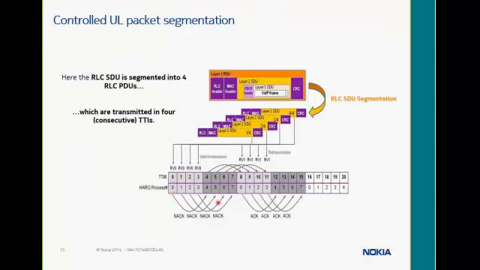In hybrid ARQ, I'm going to have NAC resources that are used, and I'm going to have retransmission. This is revision 0, and the retransmission would be revision 1, and the retransmission after that would be revision 2 or 3, whatever happens to be the order we use them in.